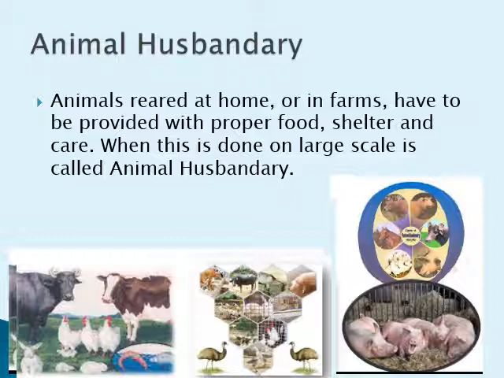It also involves the proper disposal of animal waste and promotes a healthy environment. So children, animal husbandry is a very important branch in which animals are kept, and we are benefited when they are provided with proper food, shelter, as well as care, so that mankind should be benefited.